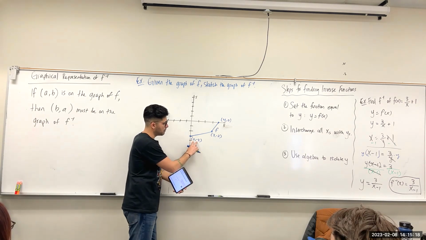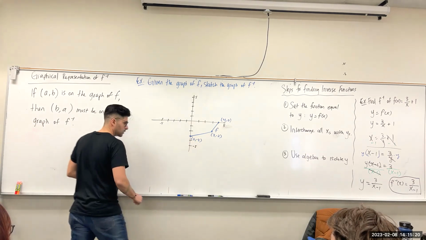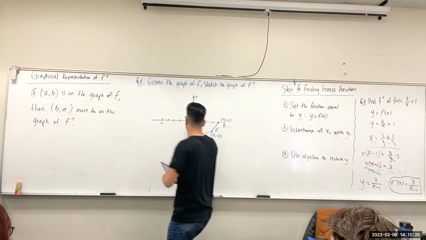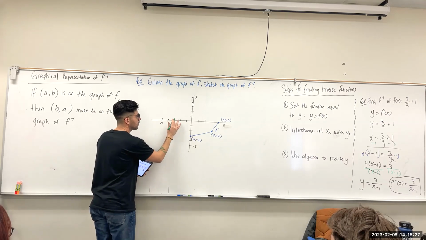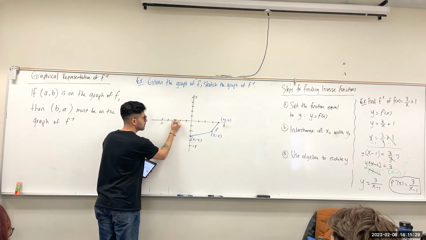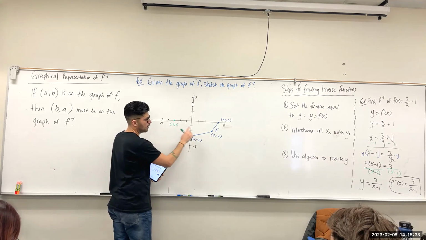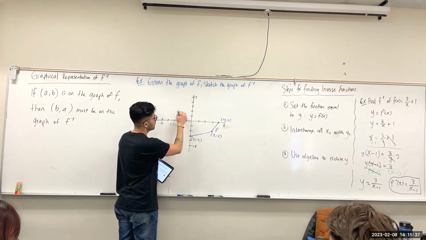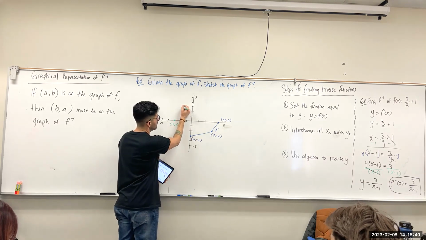So if I swap this, that would be (-3, 0). That'll be this point. And then if I swap (3, -2), that'll be (-2, 3), this point up here.